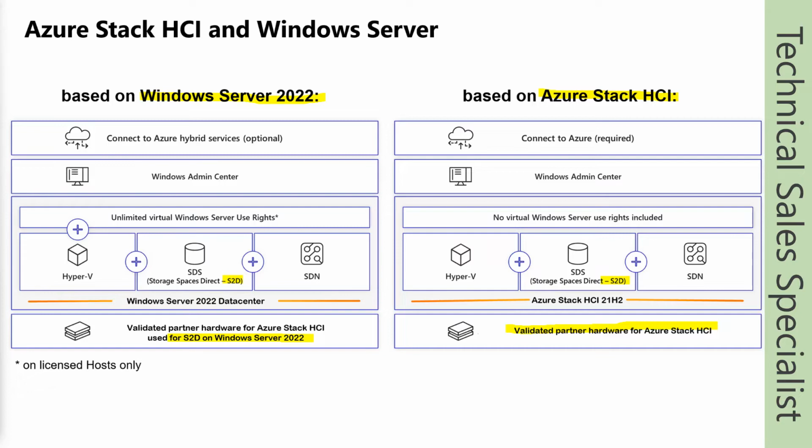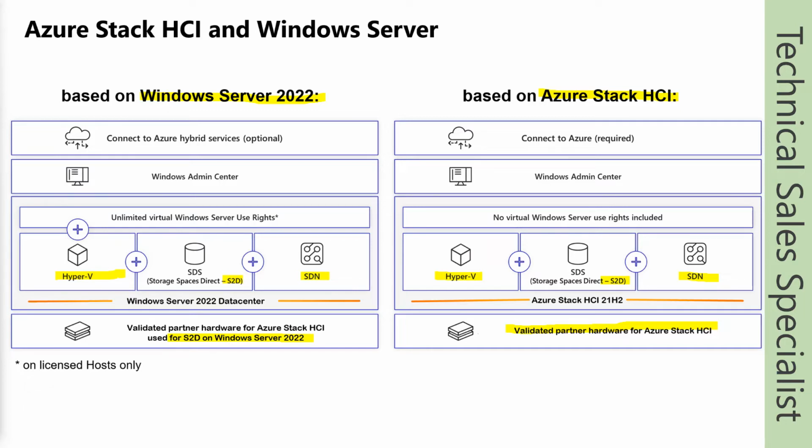Software-defined networking is also in both stacks. It's in Windows Server enabled HCI and it's in Azure Stack HCI, and for sure also Hyper-V. Hyper-V is nearly in every Windows version. It's in Windows Server Standard, Essentials, Datacenter, and in Windows clients. So Hyper-V is the Microsoft hypervisor.